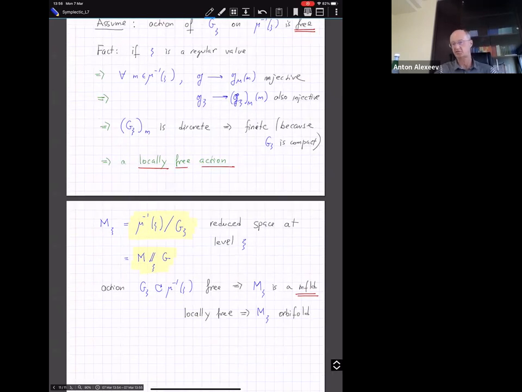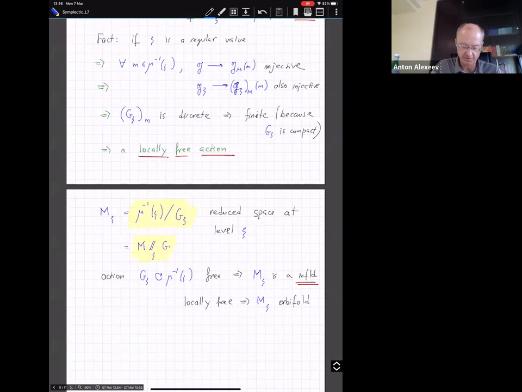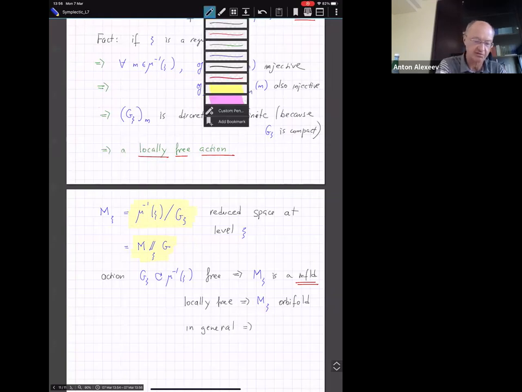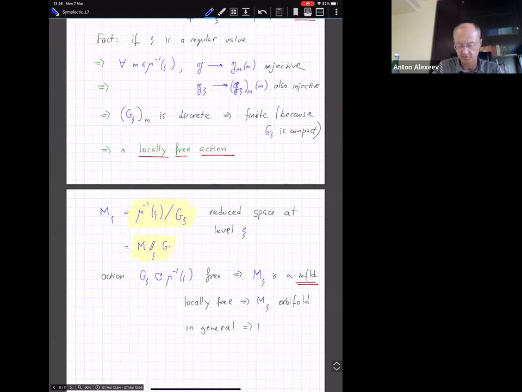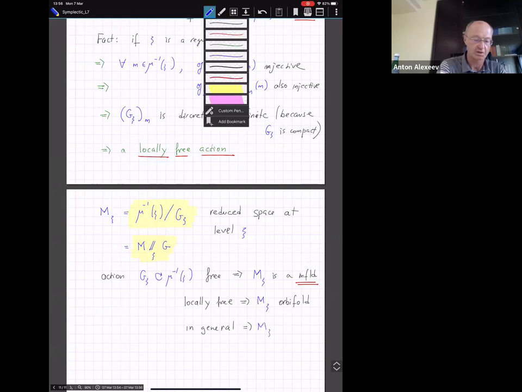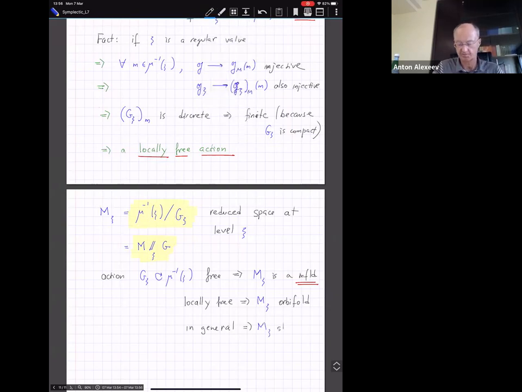This is already some kind of big theory. In general, M psi may have rather serious singularities, and then it's called a stratified symplectic space.